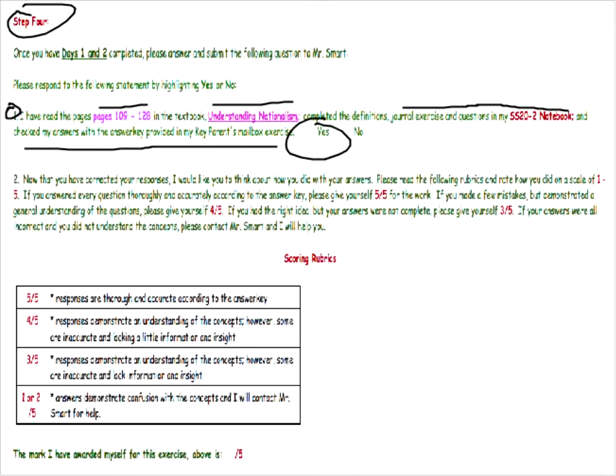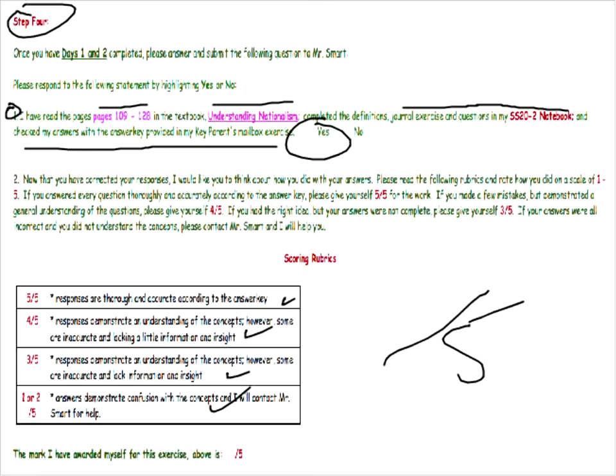So you'll circle yes. Then using this rubric, I want you to mark your self-correcting questions out of 5. The whole self-correcting assignment is marked out of 5. And remember, you don't have to have your answers worded exactly like the key answers, but you have to be on the right track when comparing responses.